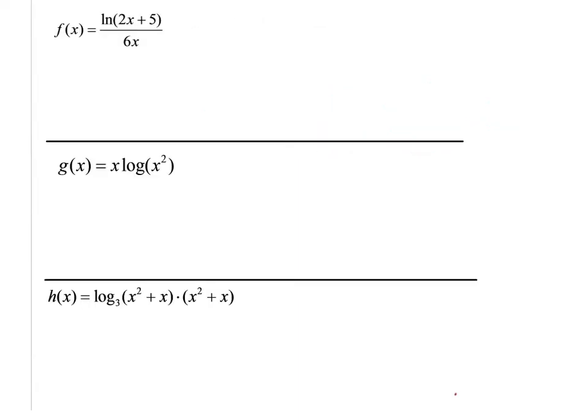Other examples here, we can use this in combination with other rules. So here I have the natural log of 2x plus 5 divided by 6x.